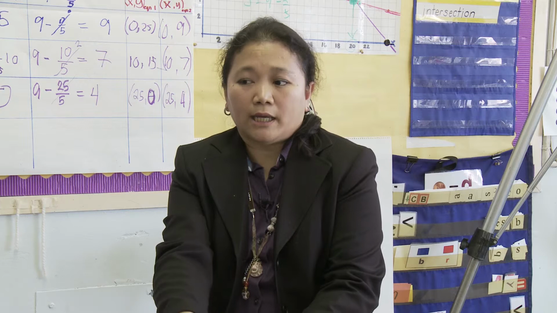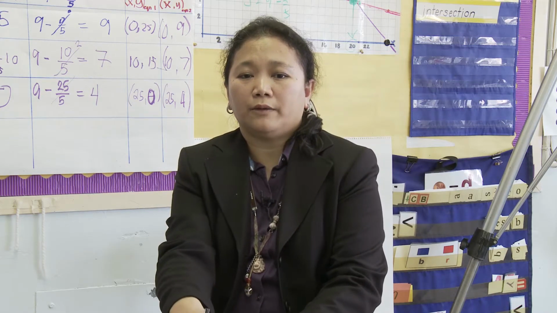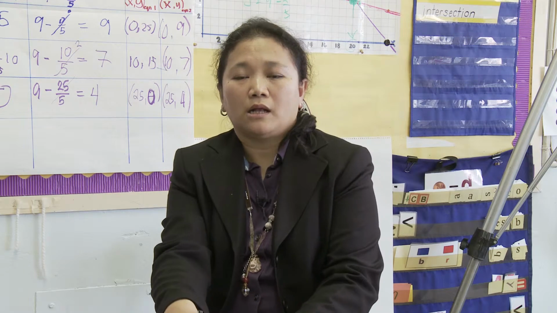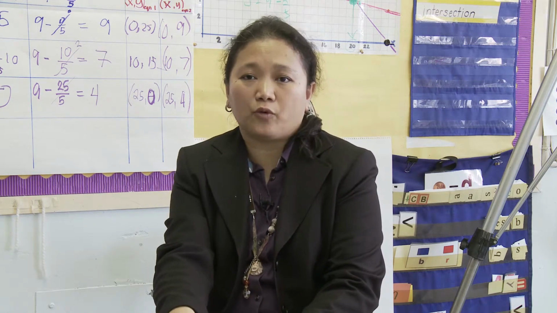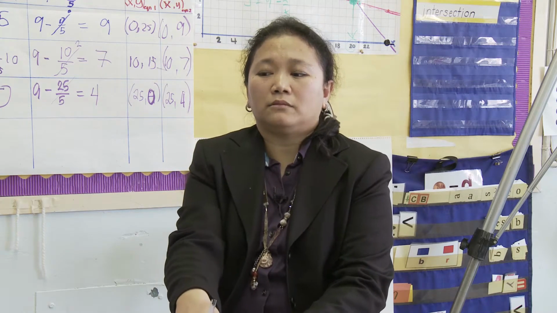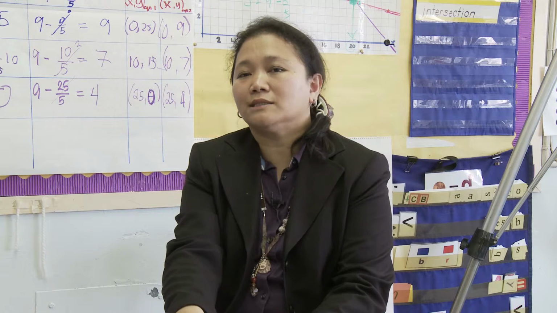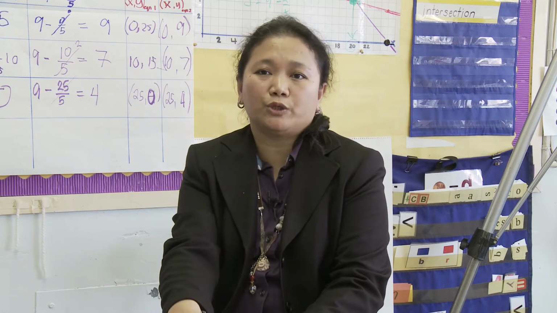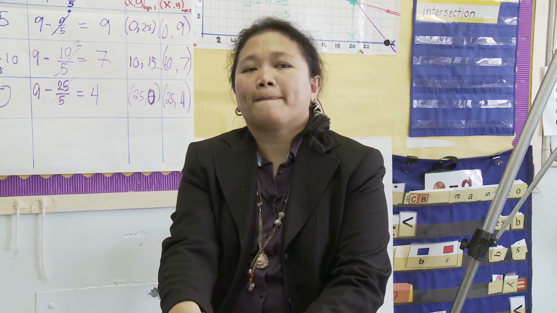In the same way, in the guided practice, the C group would have the equation already in slope-intercept form, and the B group is still the one that needs to manipulate it in order to have it in slope-intercept form.